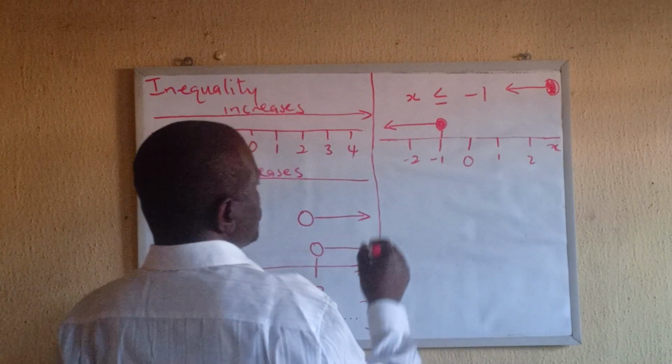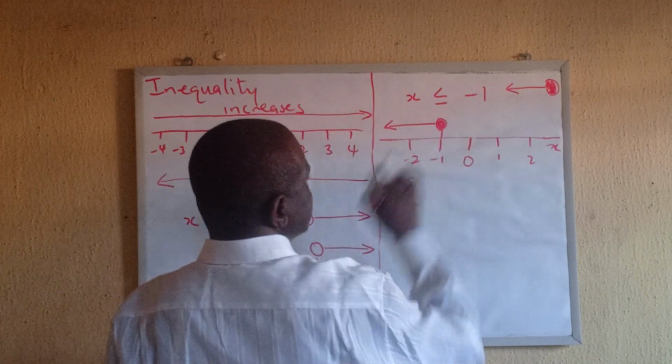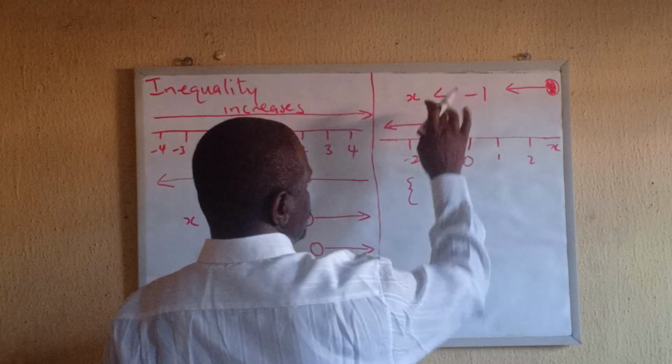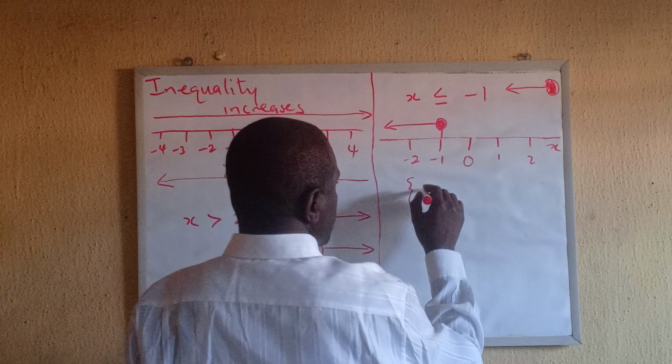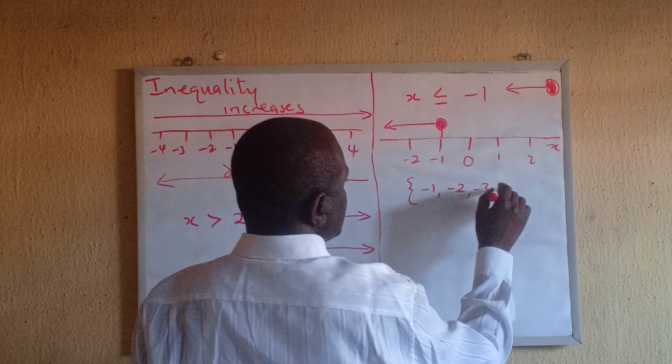So here now, if I want to get the set, because of the shading, because of the equals to, that means -1 is part of it. So I'll write -1, -2, -3, dot dot dot.